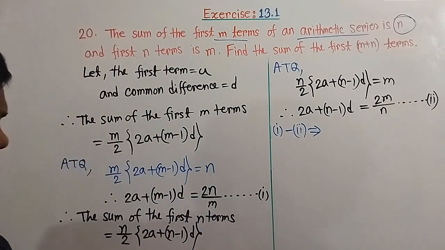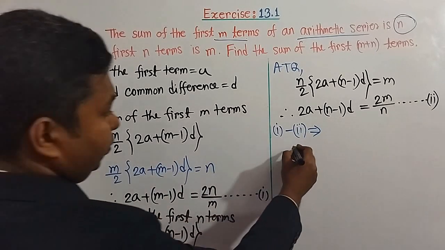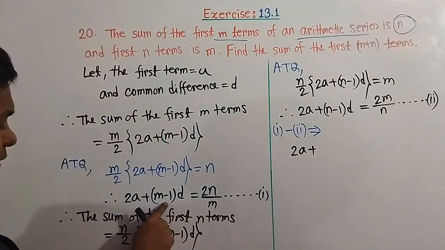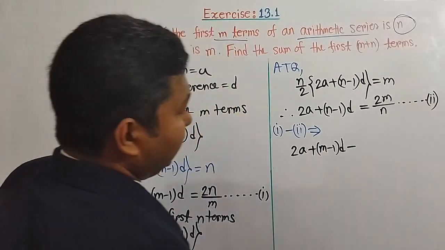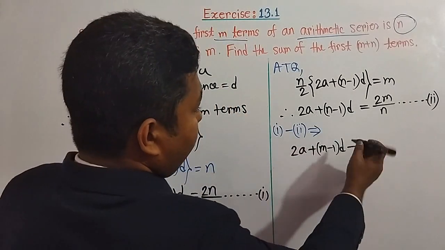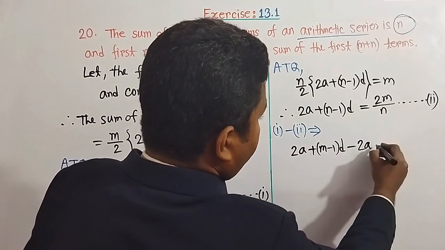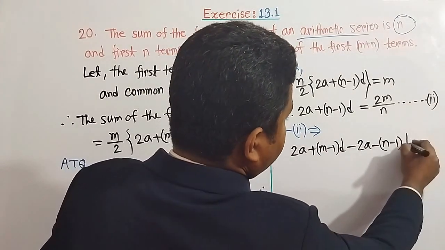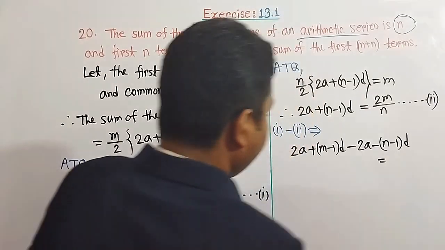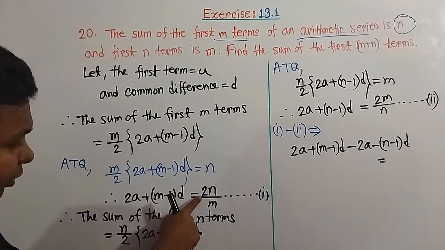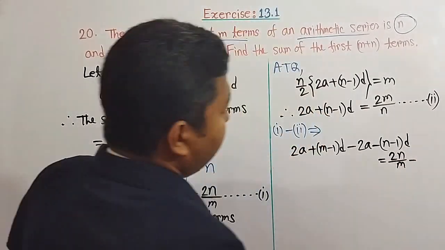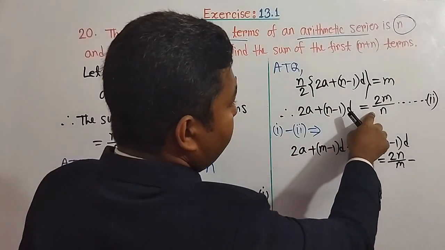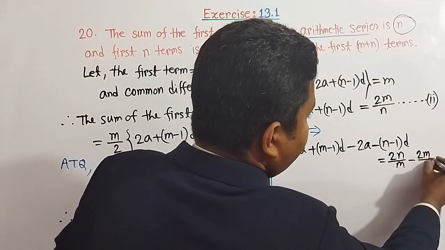The left hand side of equation 1 is 2a plus m minus 1 into d, minus the left hand side of equation 2, 2a plus n minus 1 into d, equal to the right hand side of equation 1, 2n by m, minus the right hand side of equation 2, 2m by n.